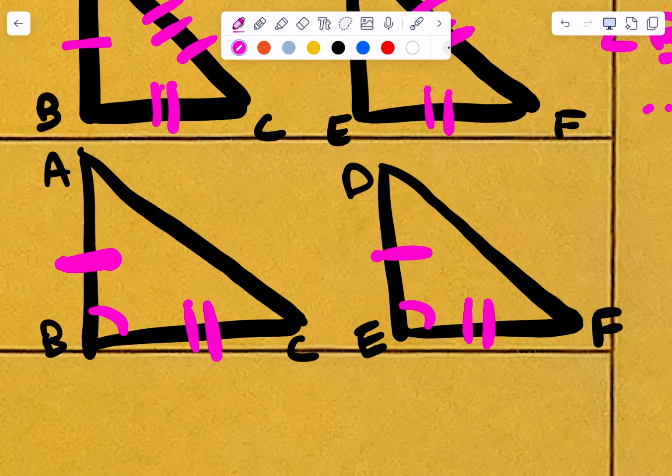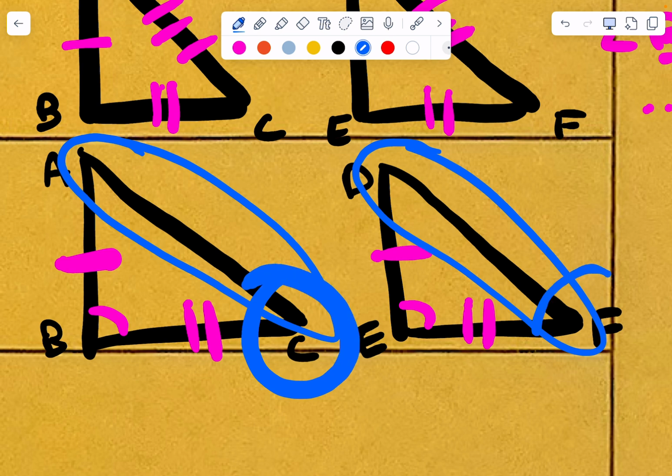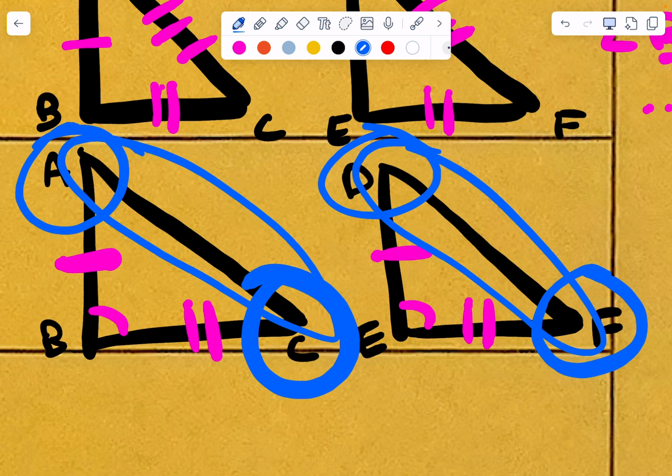If I am able to say that this stuff matches this stuff, I don't even have to talk about this side versus this one, or this angle in comparison to this one. By default, if this matches this, this matches this, this matches this, those other blue ones have to match.